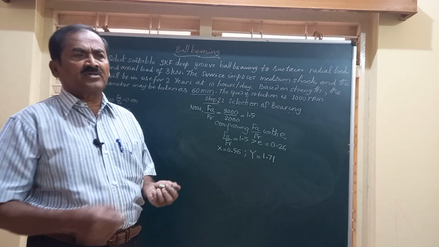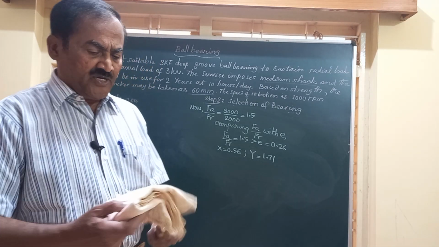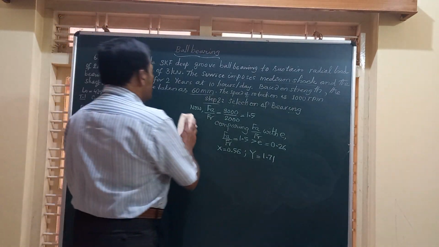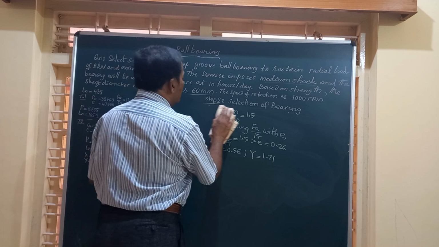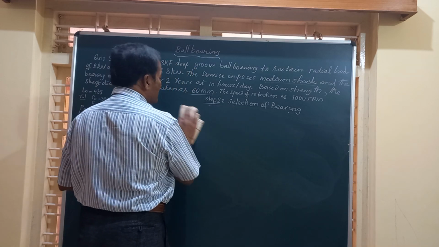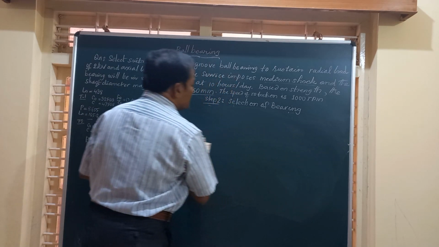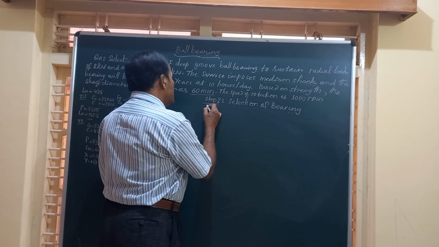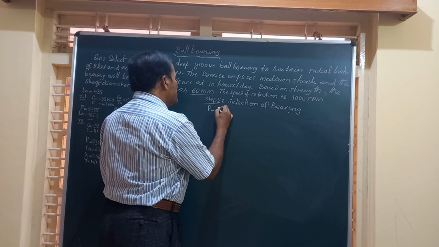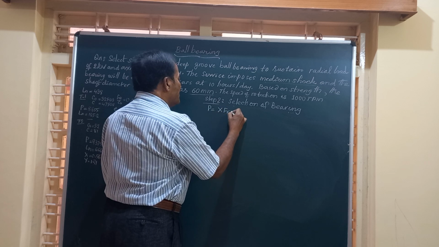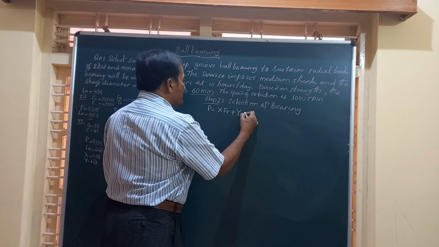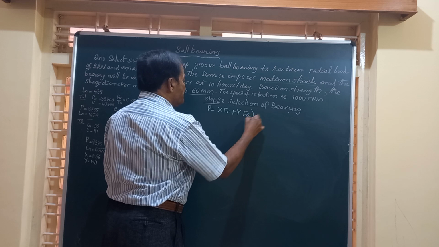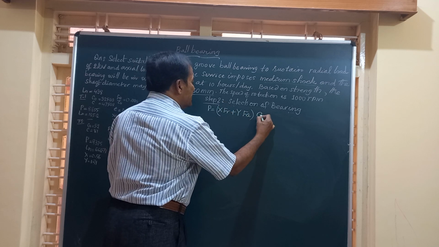Friends, we know X, we know Y, we know the values of FR and FA, and hence you will be able to find out the value of P. Therefore, P is equal to X FR plus Y FA into CS.